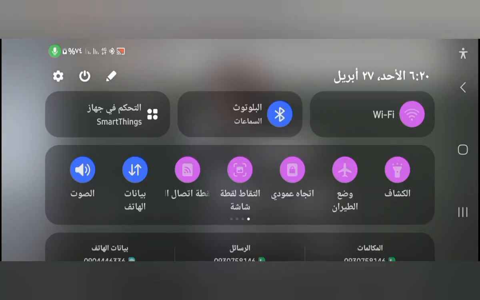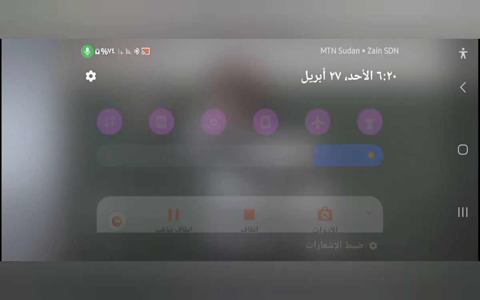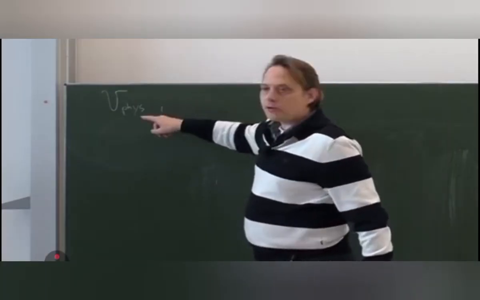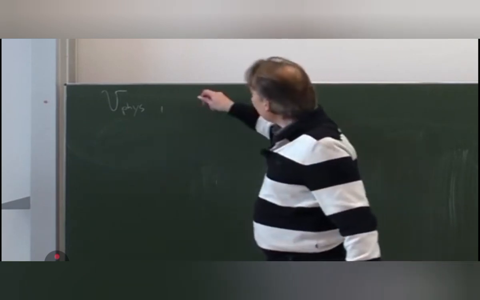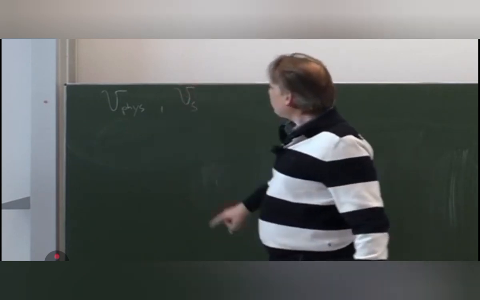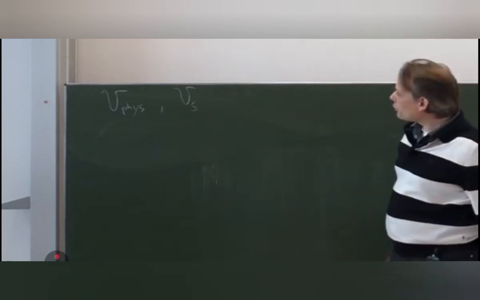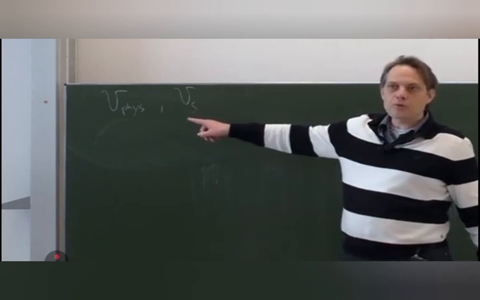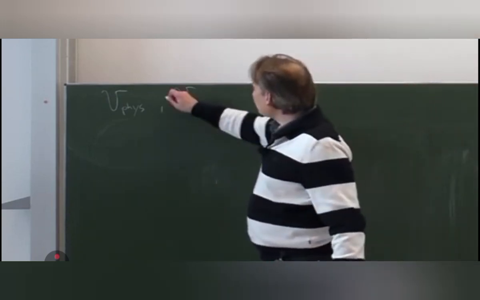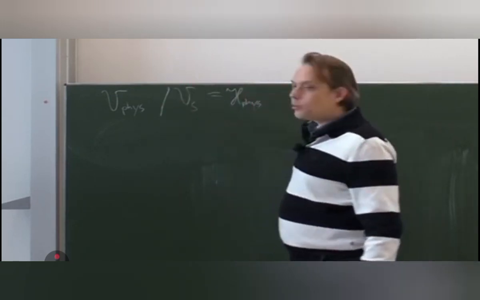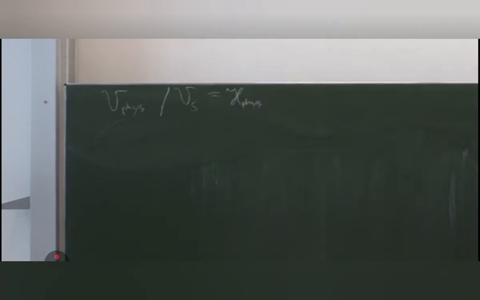It's a physical space where all states are annihilated by the A of S annihilation operator, and we have defined the subspace of that, which is the space which defines equivalence classes, which are all the states which have the form A dagger of S acting onto something physical. And then we define the quotient space between the two, which is then the physical Hilbert space. And we want to investigate the properties of this physical Hilbert space.